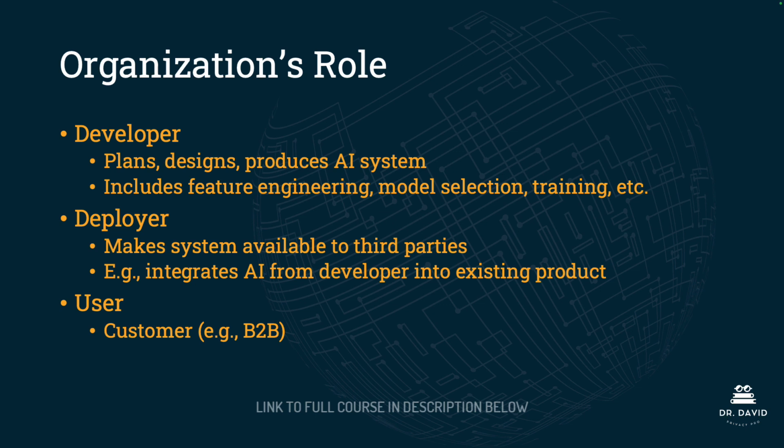And finally, a user is someone who is using the product. This can be the general public, or perhaps you're developing a model for another business, in which case it would be something like a business-to-business solution or product.